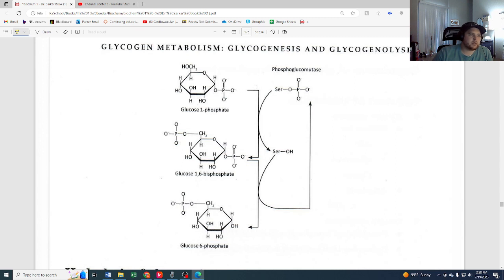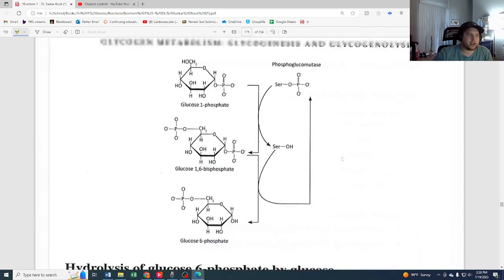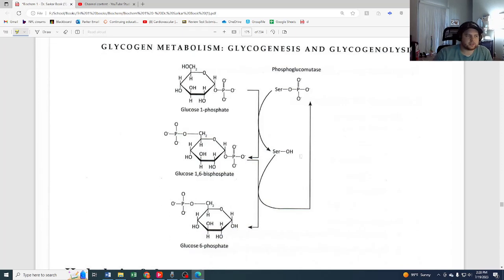It comes in here, attaches its phosphate to the 6 carbon, and then comes back over here and pulls off the phosphate that is bound to the 1 carbon. So it sticks on another one where it's supposed to be, and then pulls off the old one to leave us glucose 6-phosphate. It kind of trades the phosphates with the glucose 1-phosphate.